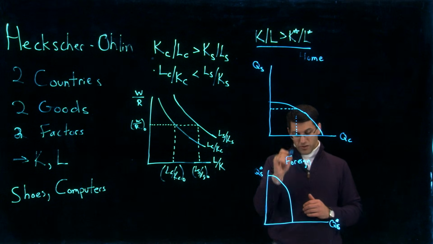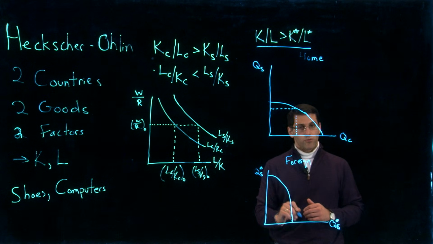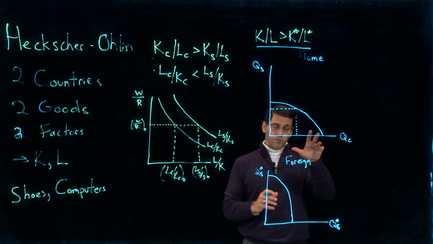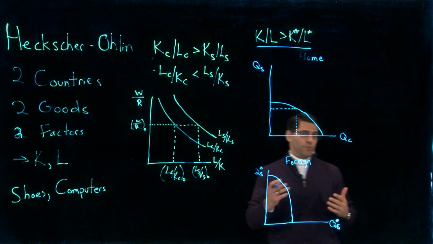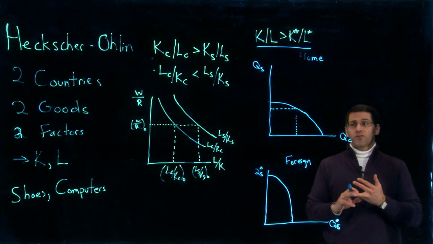Whereas if I had a similar level of computer production in foreign, somewhere like out here, that would be really, really steep, right? And remember, the relative price of the good on the x-axis is equal to the slope of the PPF. And we saw this with the Ricardian model and with the specific factors model.